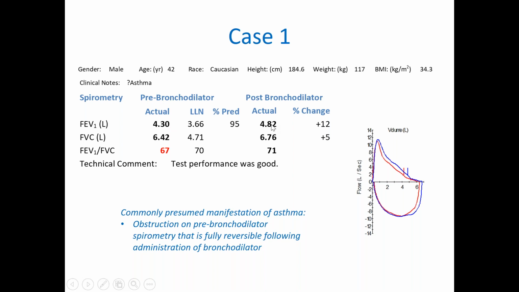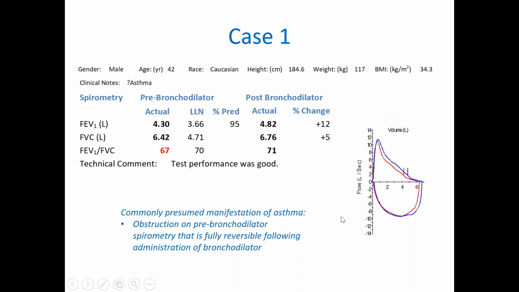So as you can see for this example here, the patient increased their FEV1 by 500 mils and 12%. So there's a significant bronchodilator response. And when we compare their post-bronchodilator results to the lower limits of normal, their results are now within the normal range. So there is complete reversibility of any airflow limitation.